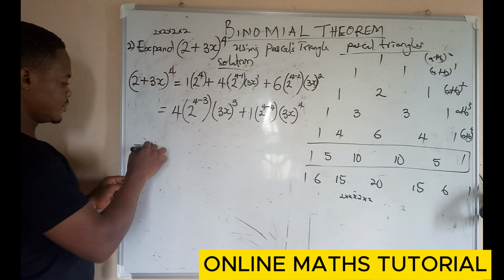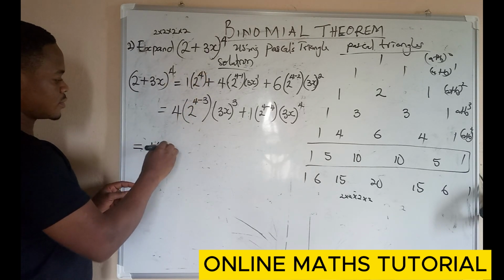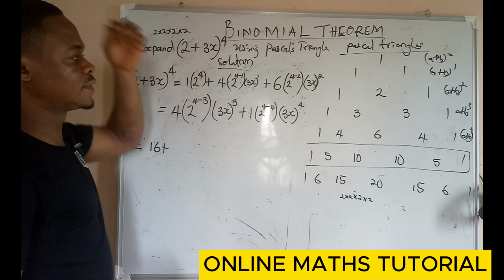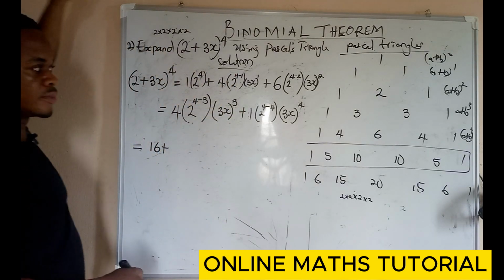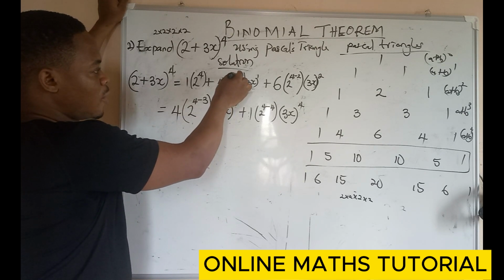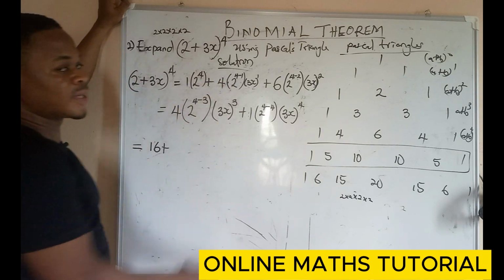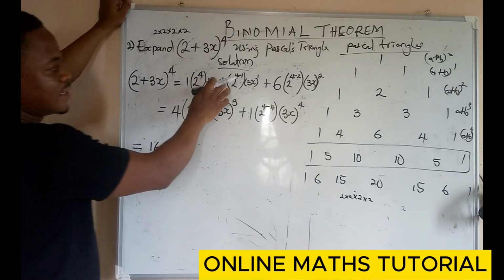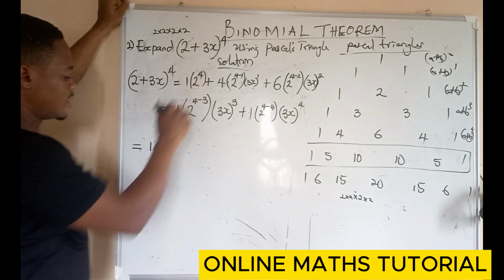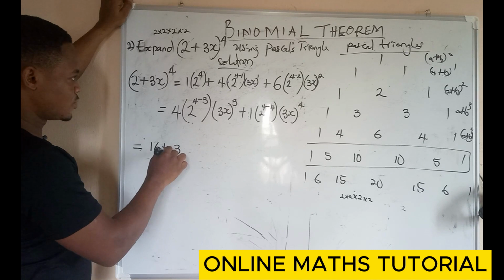So that's 2 raised to the power 4 times 1 to give us 16, plus 2 raised to the power 3. That is 4 minus 1 will give us 3. And what is 2 raised to the power 3? 2 raised to the power 3 is 8. 8 times 4 will give us 32.